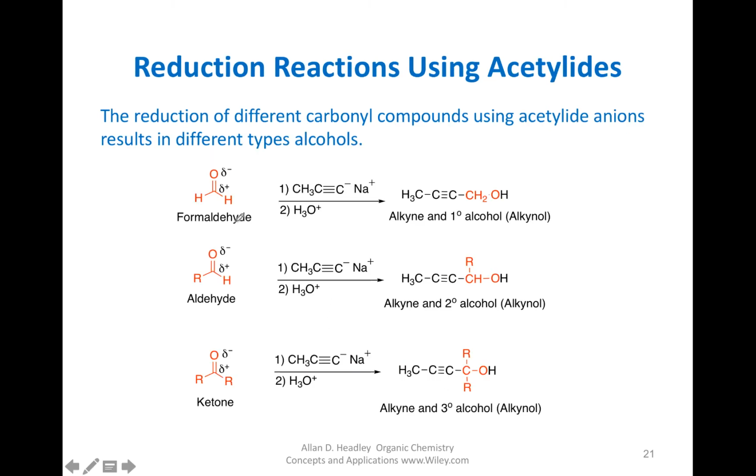It is not surprising that if you had formaldehyde, and here we have our nucleophile, acetylide anion, it will react here. These electrons will swing out, and in a second step we can put on this proton. But the bottom line is that we have now added this group to our formaldehyde.